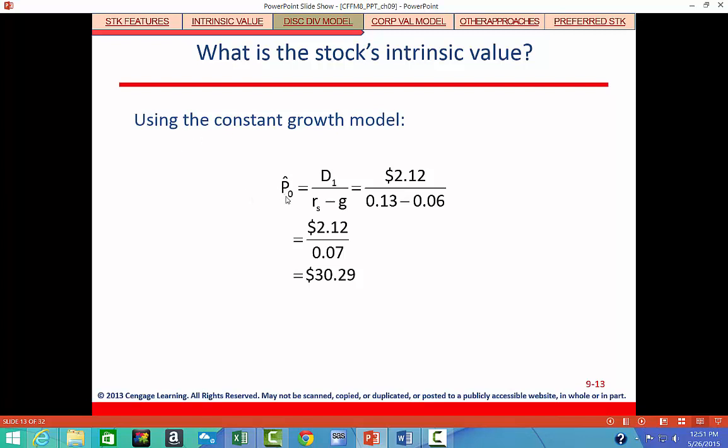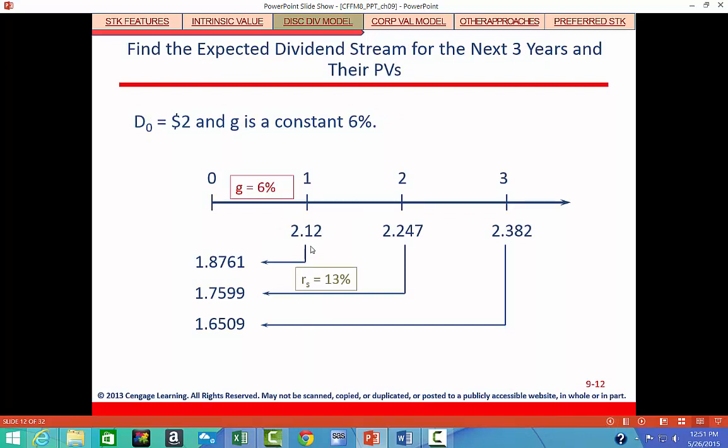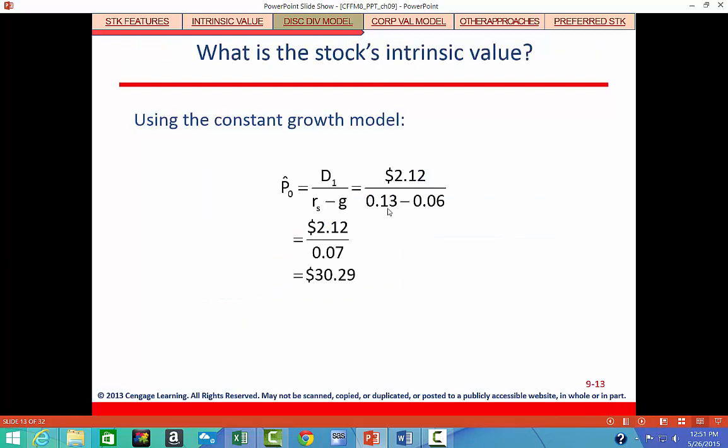We go back to our equation, the constant growth model, and we put D1, which was $2.12. If I go back, we got $2.12 by multiplying 2 times 1.06 over R minus G. And we had calculated the required rate of return, and they gave us a constant growth rate of G. And so we divide that, and we should get $30.29. So that's the intrinsic value of the stock.